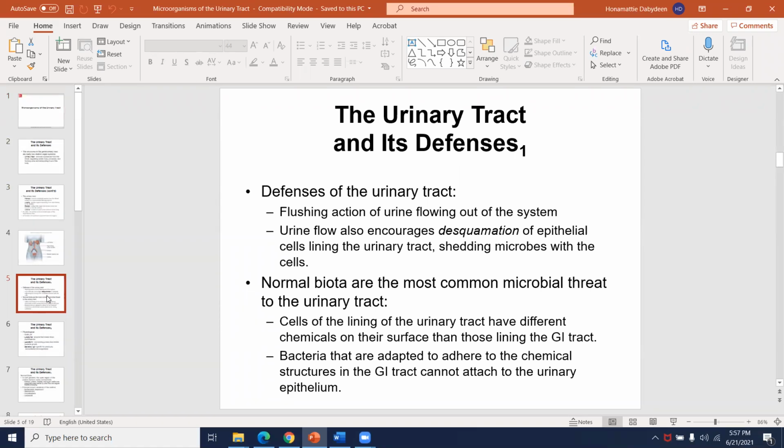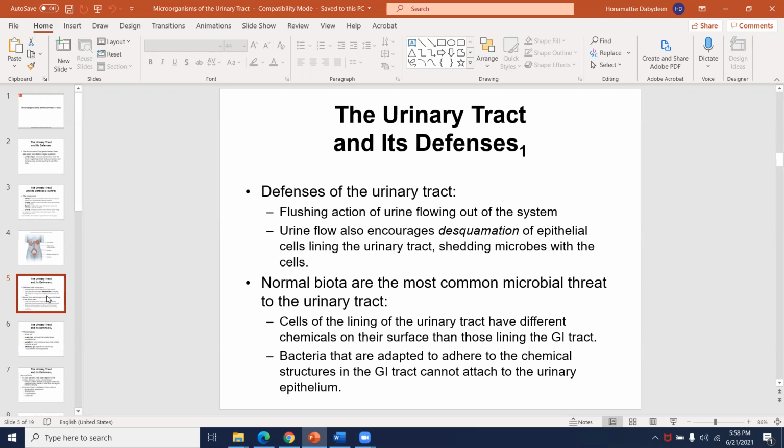Now, for the urinary tract, one of the major defenses is the actual outward flow of urine, and that's flushing organisms out of the system. The urinary flow itself also encourages desquamation of the epithelial cells that line the urinary tract, and these will also shed microbes with those cells. Not a bad thing.